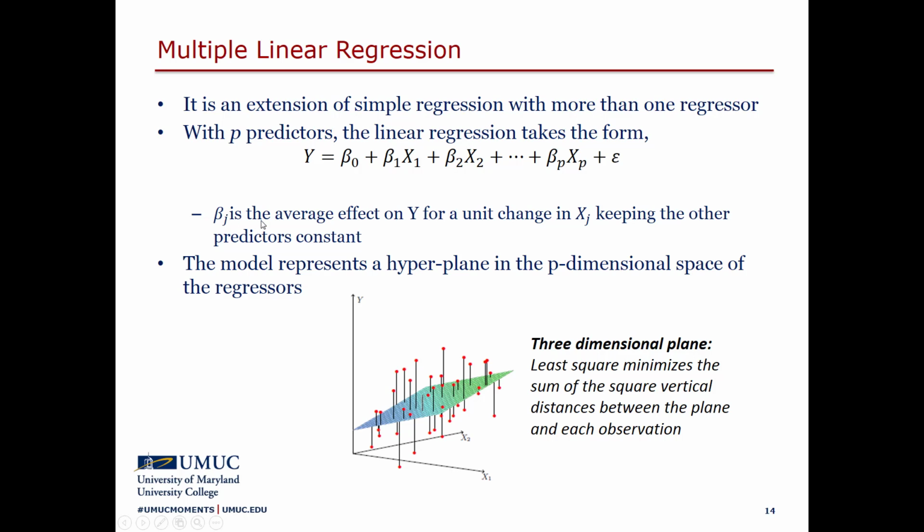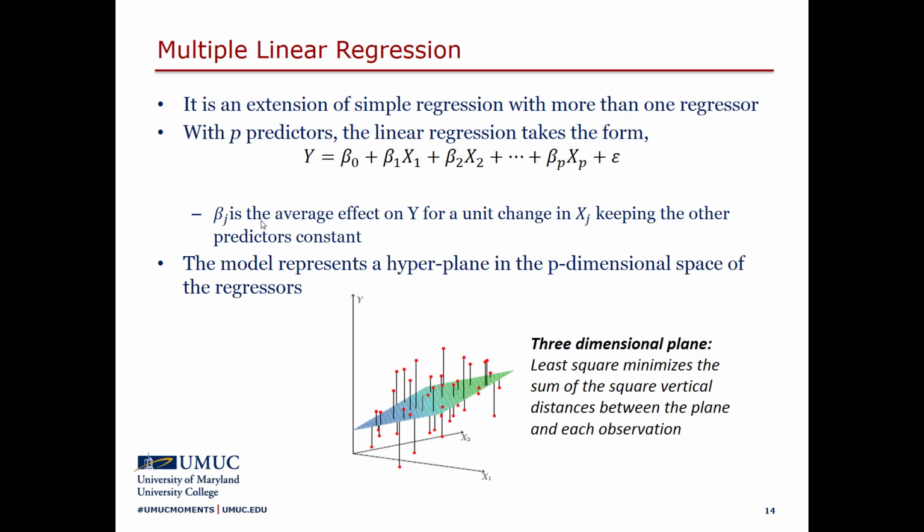Now, the interpretation of a multiple linear regression is a little different from simple linear regression. If you remember earlier, the beta 1 is the amount of change of the response variable as a result of a unit change in the x variable. But in a multiple regression setting, you have multiple predictors, so you have to control for the additional parameters.